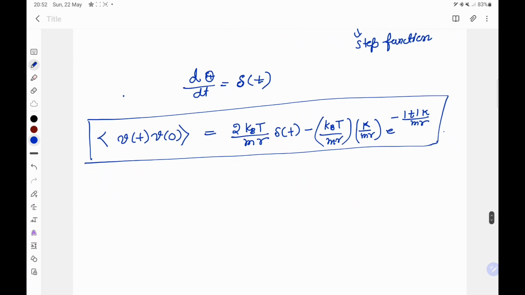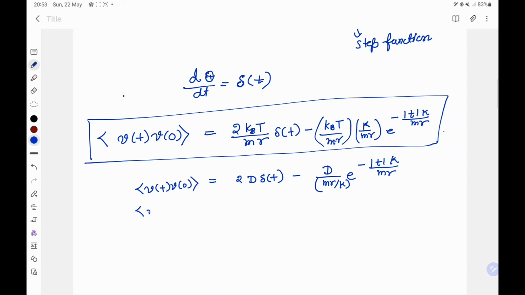Now let us see the limiting cases. What will be the limiting cases? If we simplify a bit, we will see that this is 2D delta(t) minus kB T over m gamma times D and m gamma over kappa e to the power minus kappa over m gamma t, the velocity correlation.